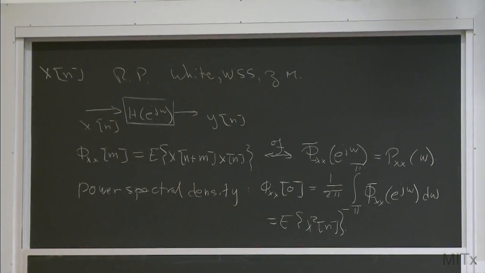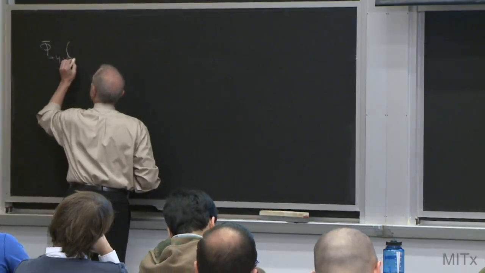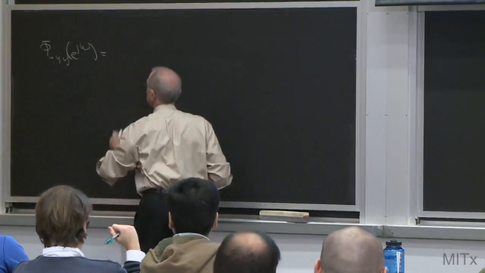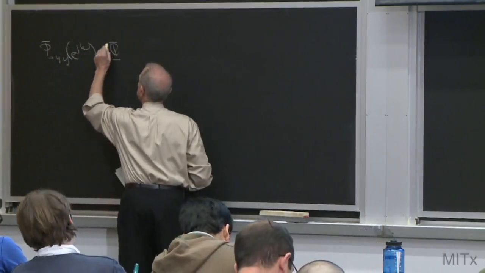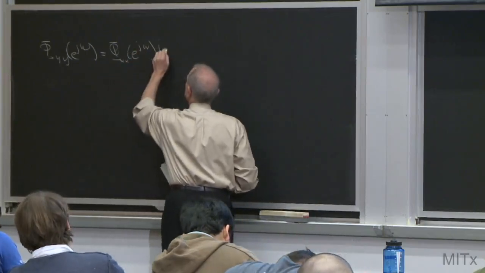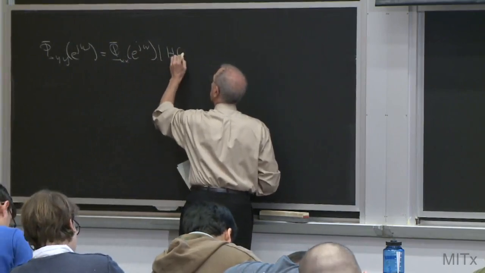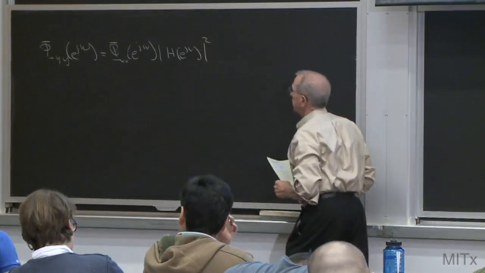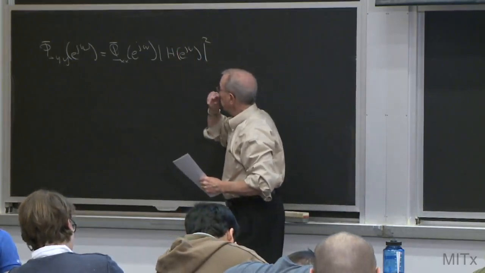And then in terms of putting the random process through an LTI system, the relationship between the power spectral density at the output of the LTI system and the input is that that's multiplied by the magnitude squared of the frequency response of the filter.